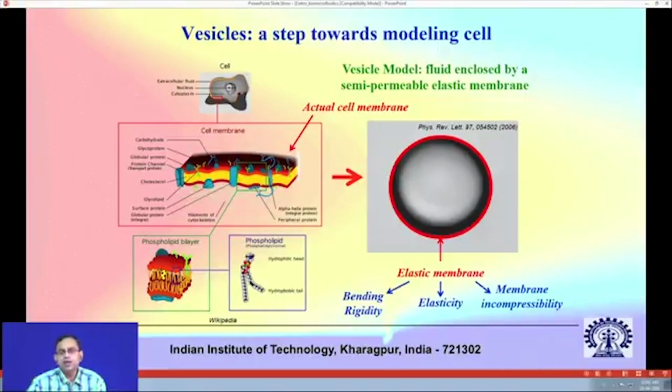The cell has a very complex architecture, the vesicle does not. The cell has a very complex functionality, the vesicle does not, but these are more subtle things. The primary point that I would like to highlight is that a cell has life, whereas a vesicle has no life.